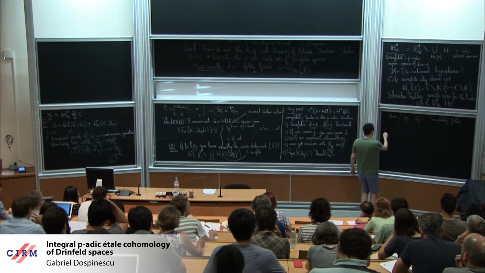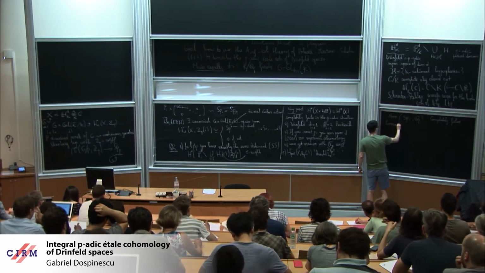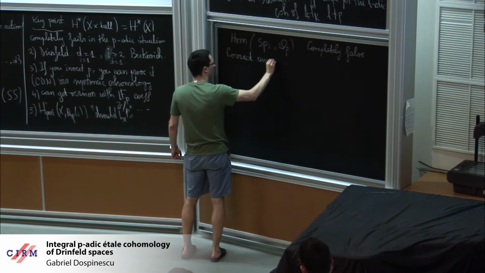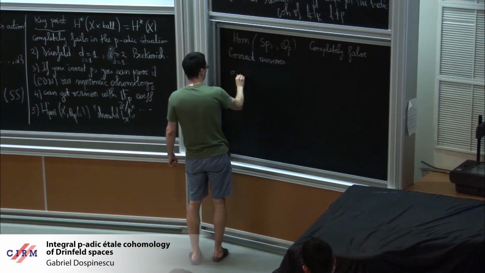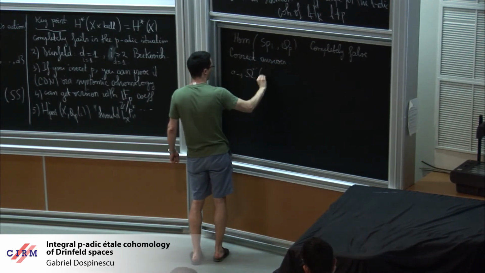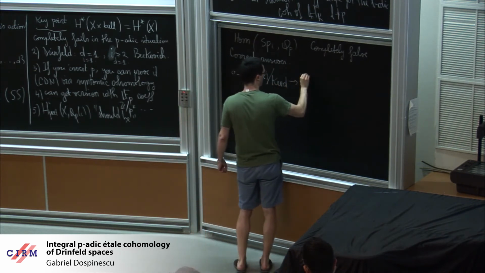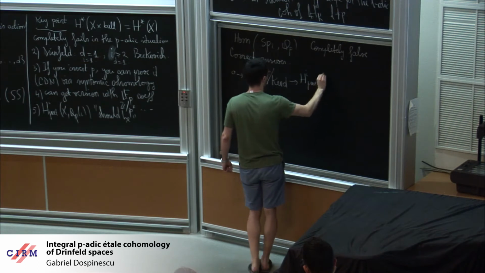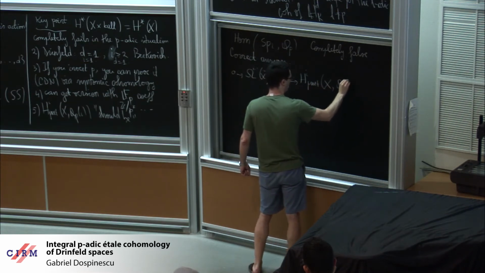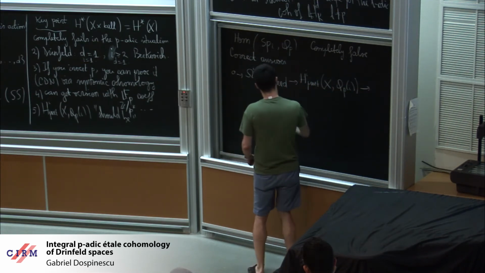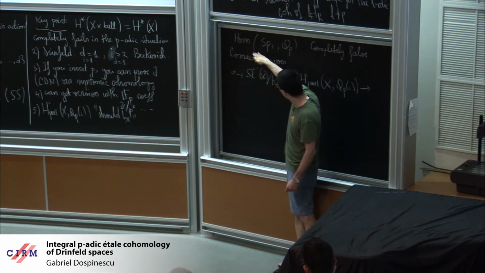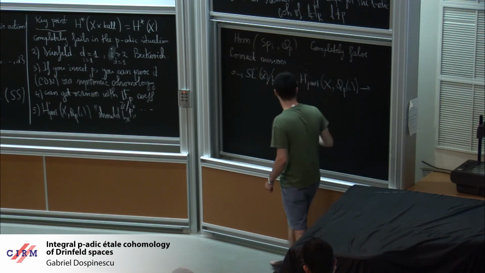So the correct answer is that you have an exact sequence like this. In other words, what you expect to happen actually occurs as a quotient of the corresponding cohomology group.